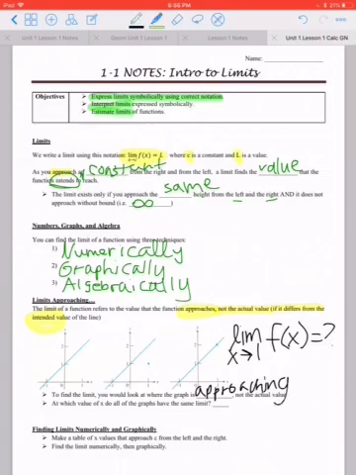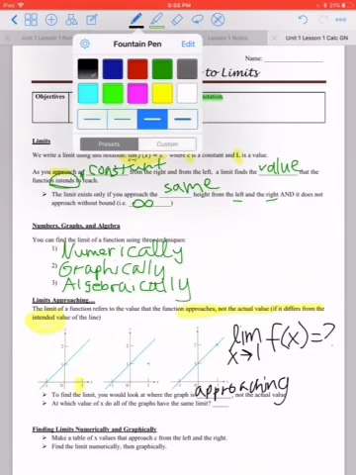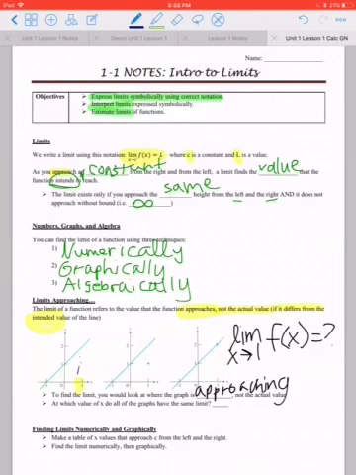Okay, so let's look at each of these. If I go to 1 on x, where is the graph approaching? Okay, on the first graph, it is approaching 2. Even though there's a hole in the graph right here, it's still approaching 2.